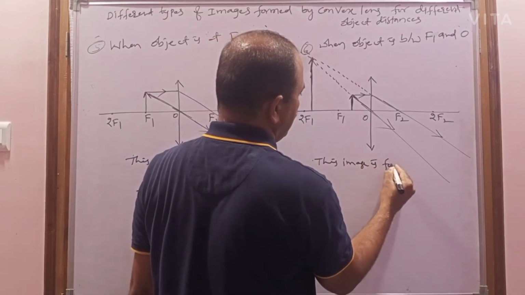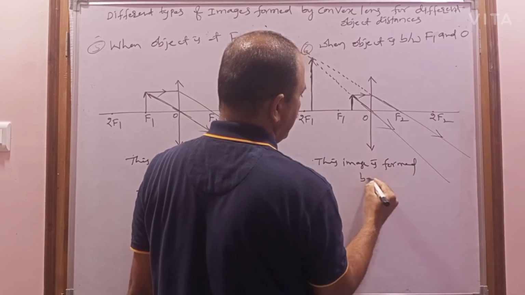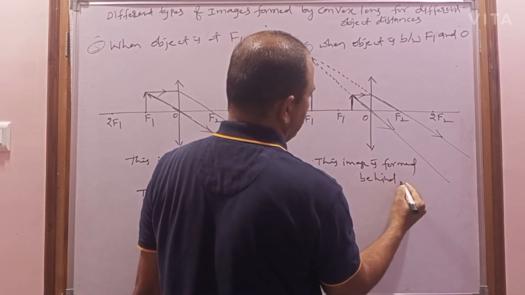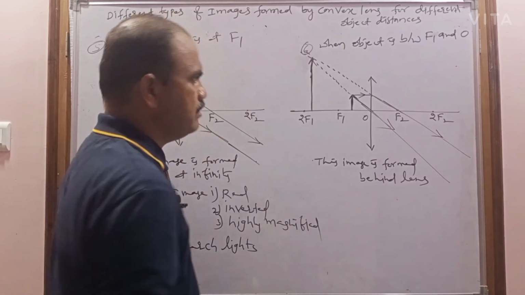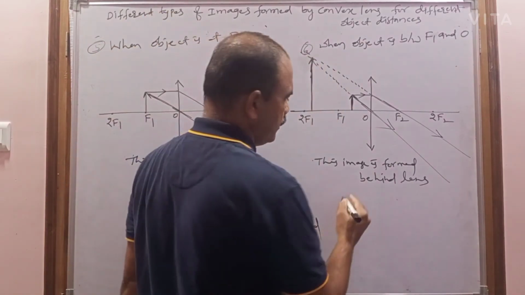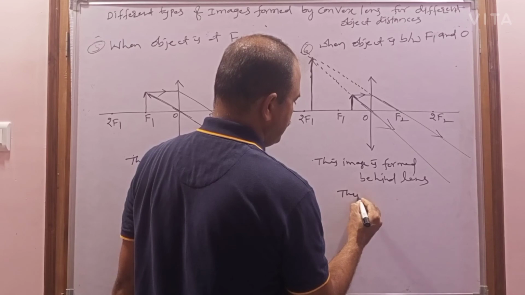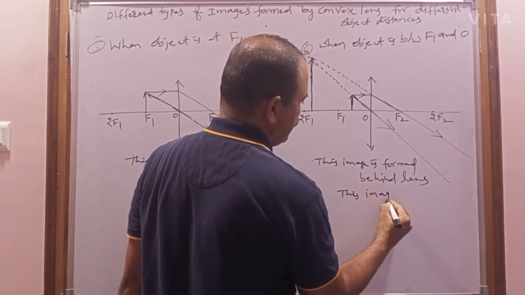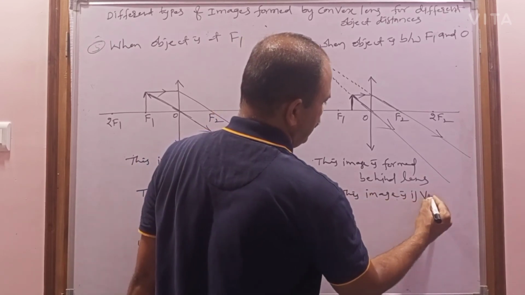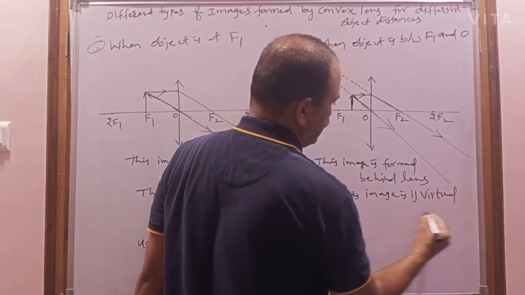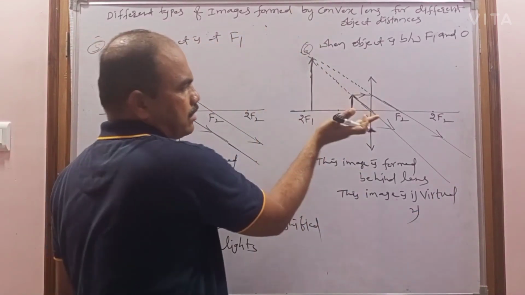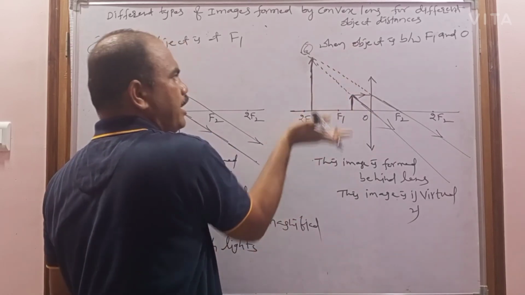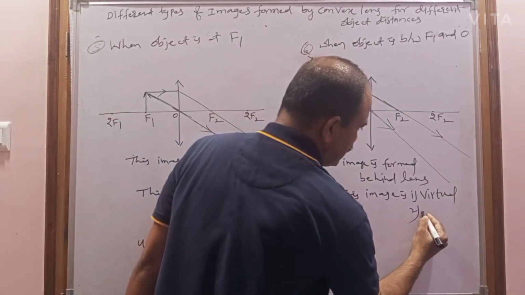The image which is formed behind the lens is called a virtual image. So this image is first, virtual, and second, all virtual images are erect. Erect means the object is above the principal axis and the image is also above the principal axis.